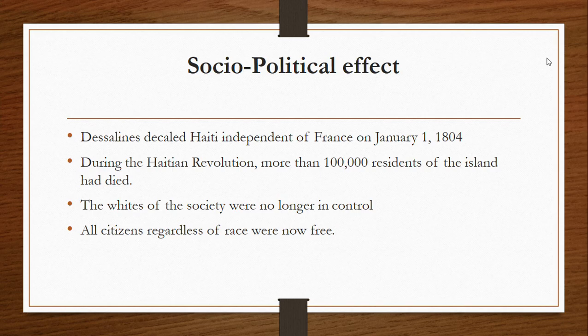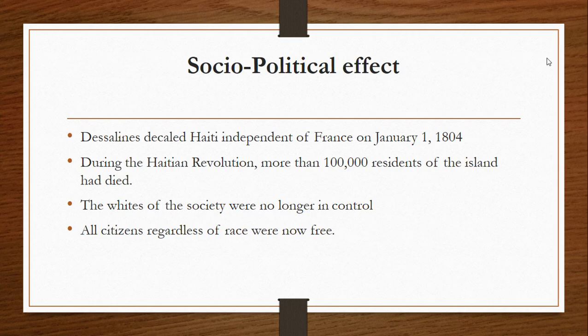Now, socio-political effects. First is that Dessalines declared Haiti independent of France on January 1st, 1804. As you would have known, Haiti was once a colony of France, and when the Haitian Revolution started, they were fighting to gain freedom and independence from their colonial masters.